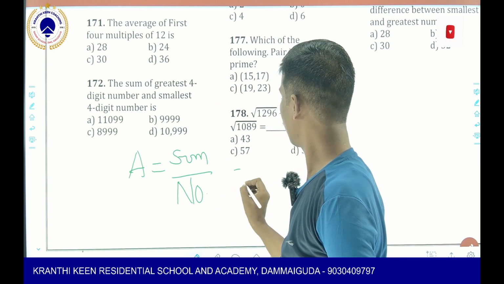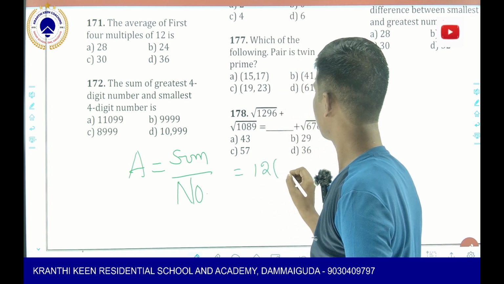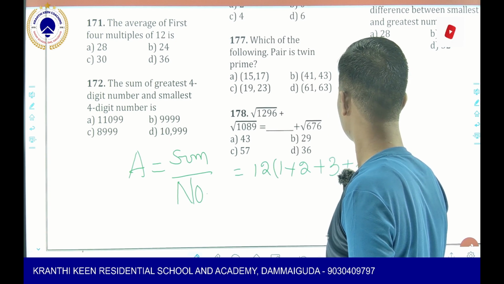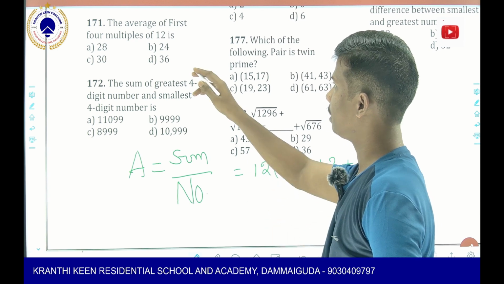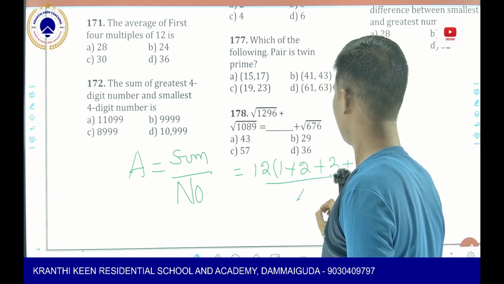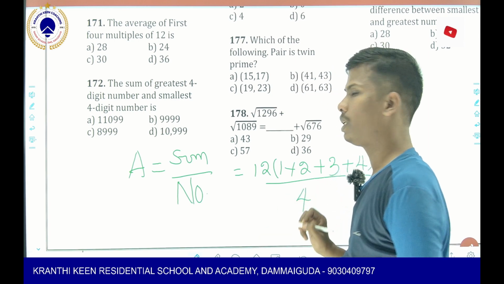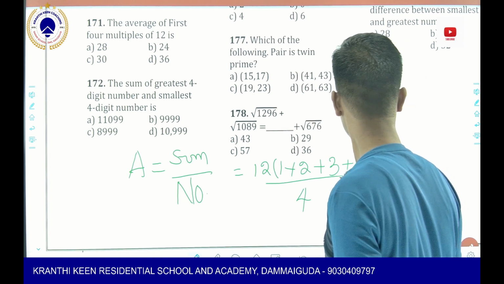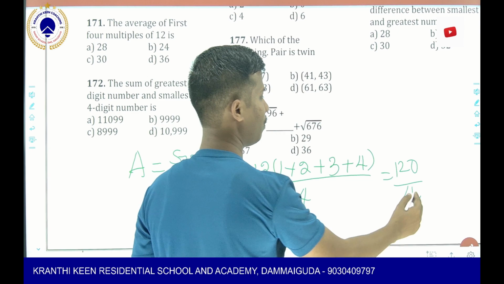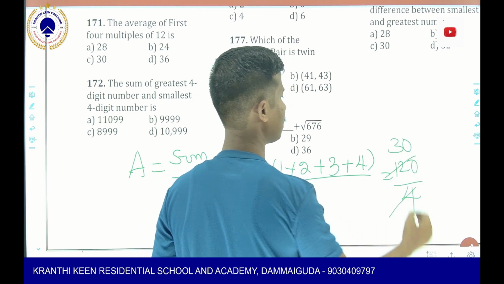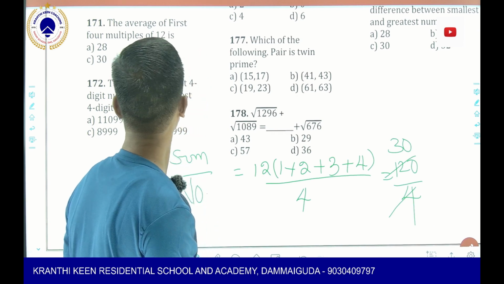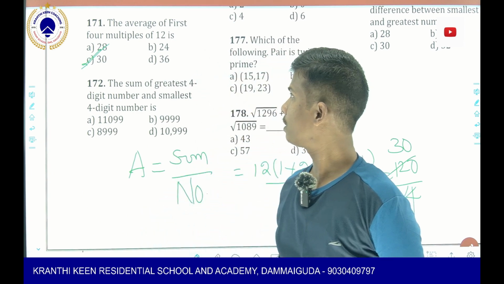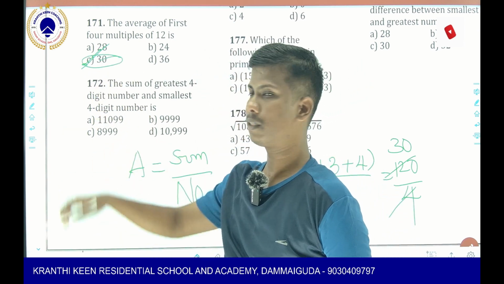You have to find it like this: 12 of 1 plus 2 plus 3 plus 4, divided by how many numbers you have taken? 4, no? Let it be 4. 1 plus 2 is 3, 3 plus 3 is 6, 6 plus 4 is 10. 120 by 4. 4 threes are 12, 4 tens are 40... 4 ones are 4, so 30. That means the average of the first 4 multiples of 12 will be 30. Okay.